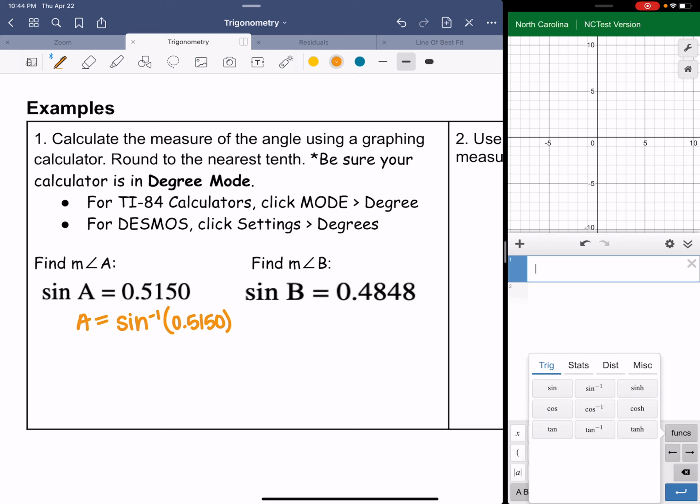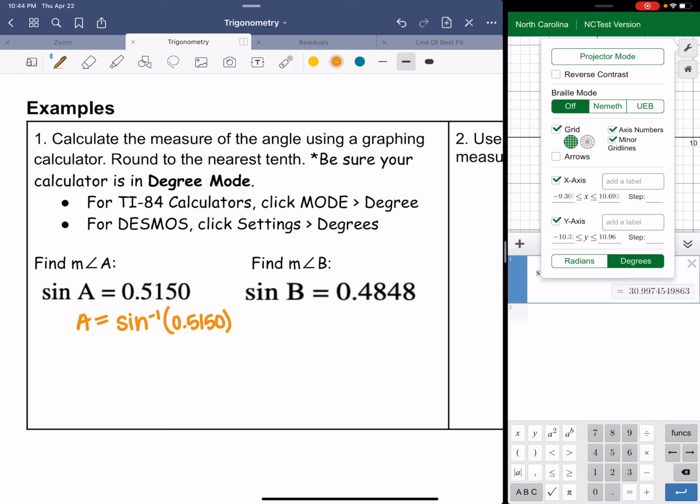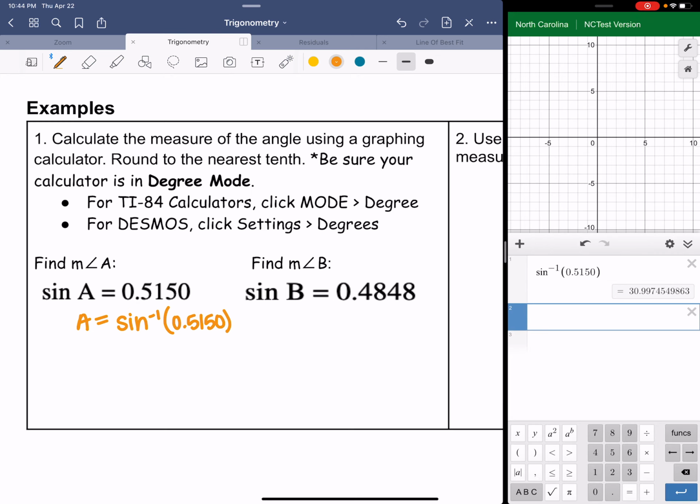In functions, sine inverse of 0.5150, and make sure that you are in degree mode. So A is approximately 30.99, that's going to round up to 31 degrees.